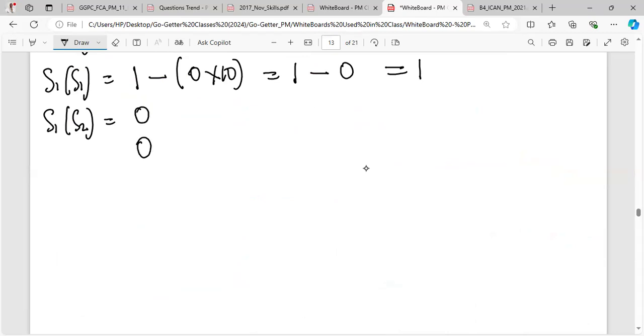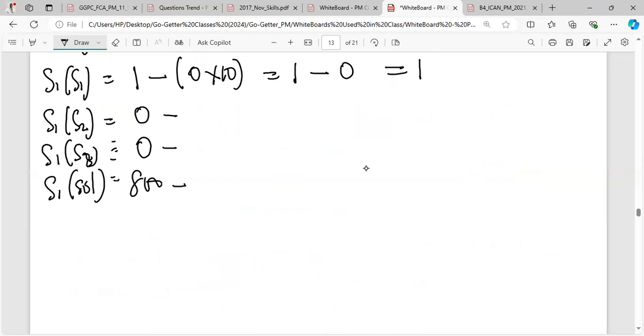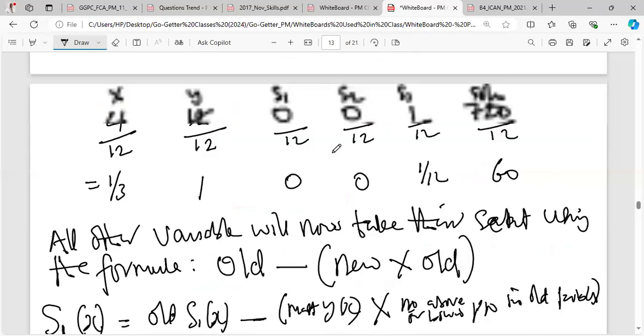So this is S1, S3, S1 solution. Okay, so we have 0, 0, 800.